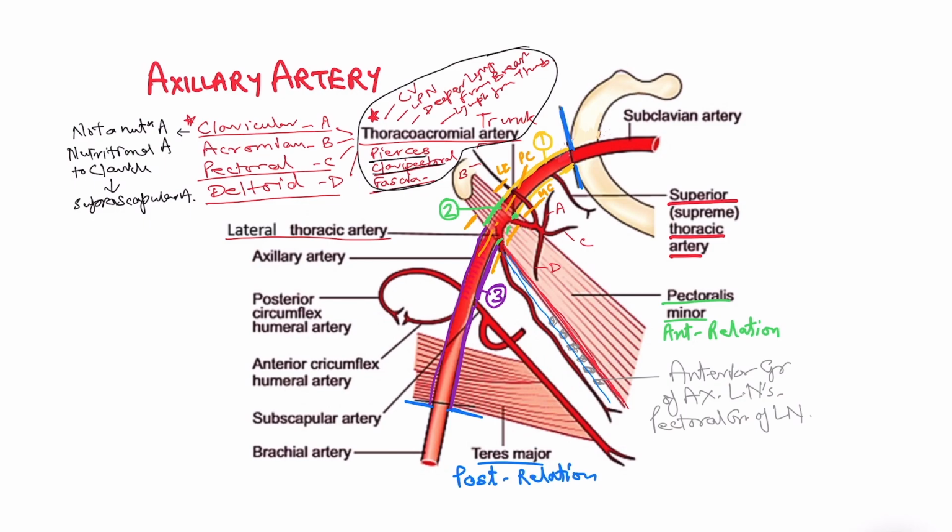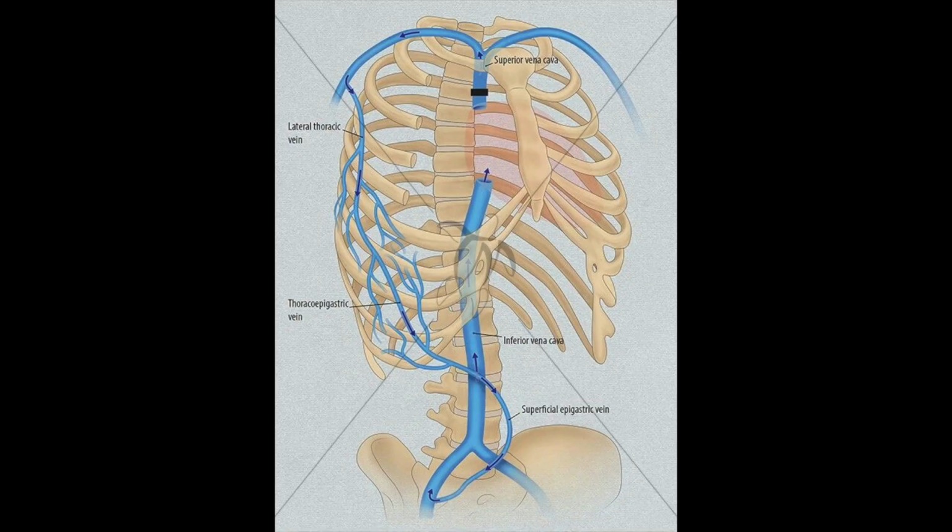Remember that the lateral thoracic vein has a great significance. If you remember the cross communication or the bypass circulation in case of SVC or IVC obstruction, this lateral thoracic vein dilates and communicates to an intercommunicating vein from the superficial inferior epigastric vein, that drains into the femoral vein.